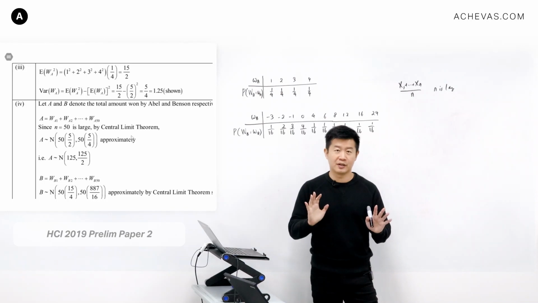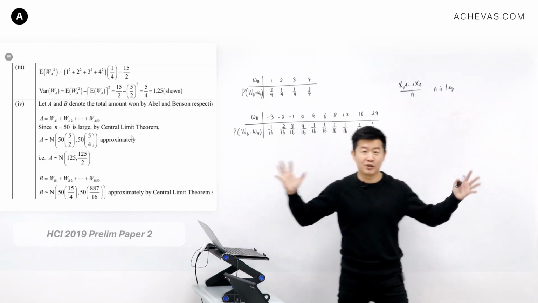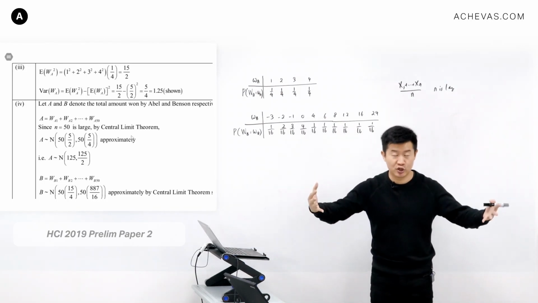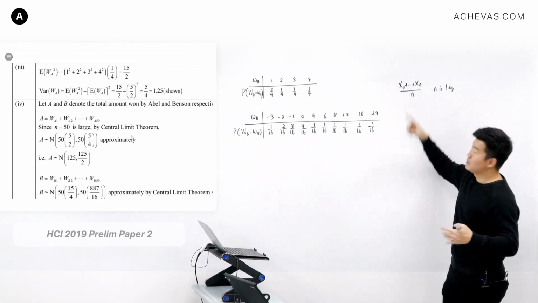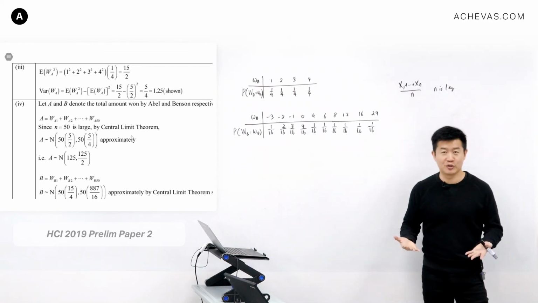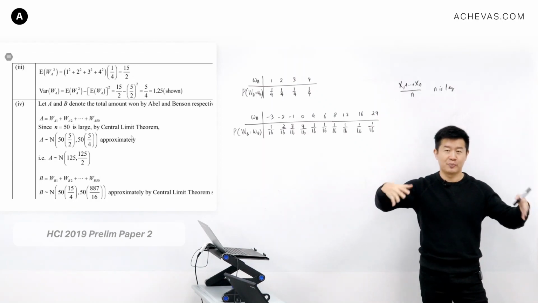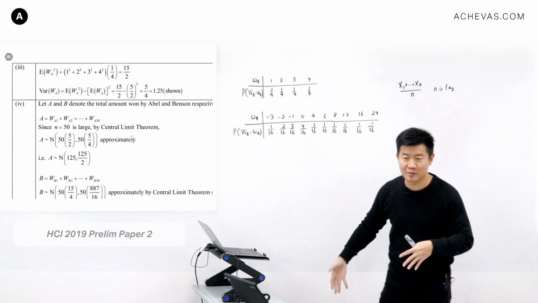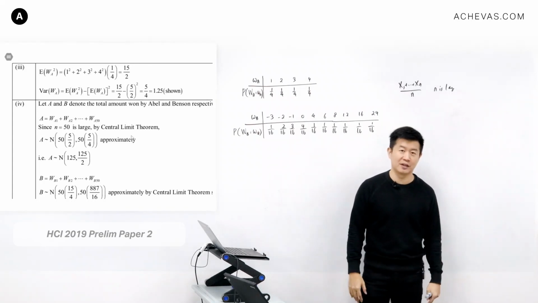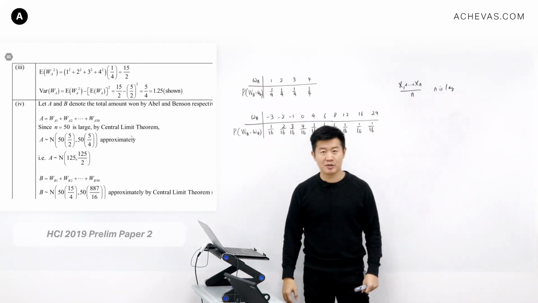So when you put a lot of things together, you get a normal distribution. Then when you divide by n, it will still be a normal distribution because it's just a constant multiplied by a normal distribution. So the primary application of central limit theorem is when you put a lot of things together. It is not just meant for sample mean distribution.